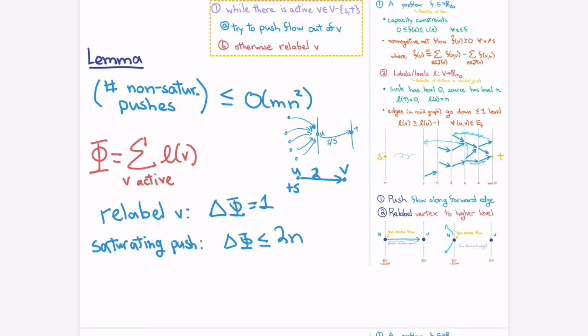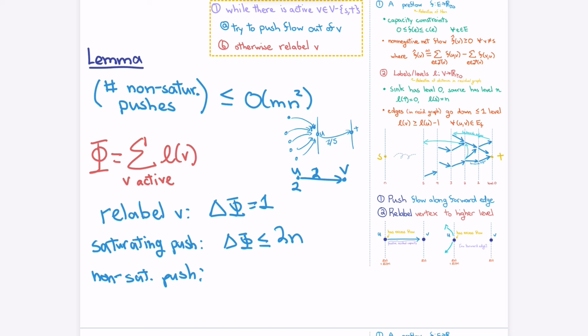Okay, and now let's look at a non-saturating push. Now you're going to end up using all of the capacity at U. So in the worst case, U has capacity, but V doesn't.